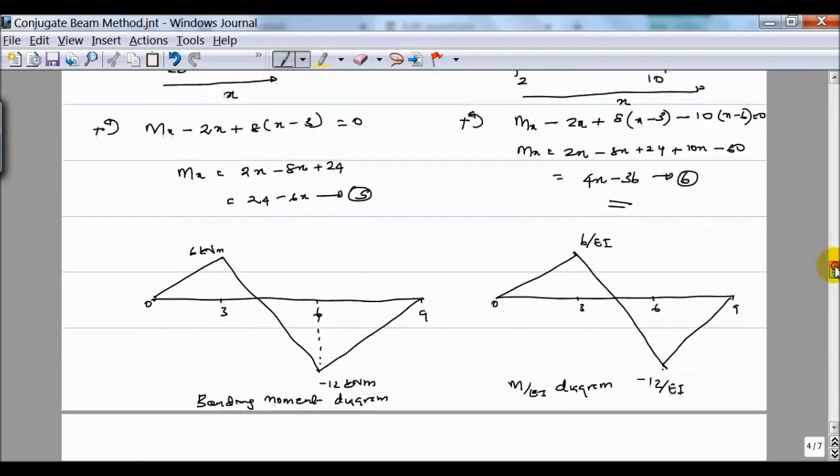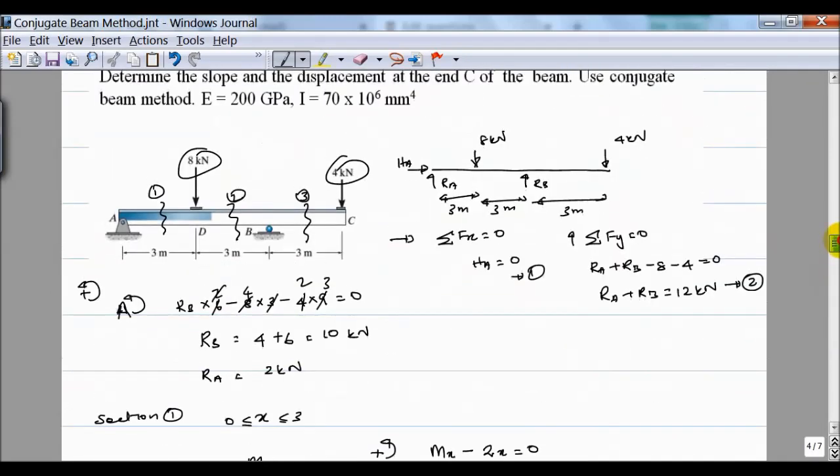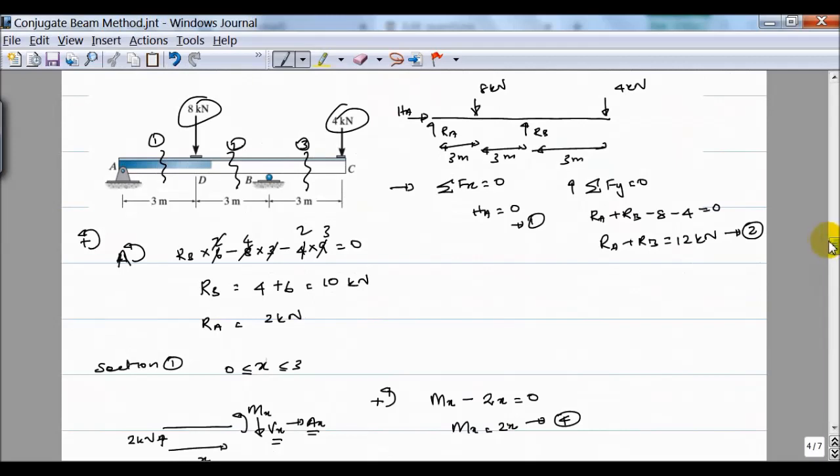So now I need to convert my beam to a conjugate beam. We know that a pin support in a real beam will be a pin support in a conjugate beam. If it is an internal roller support in a real beam, it will be a hinge in a conjugate beam. If it is a free end in a real beam, it will be a fixed end in a conjugate beam.